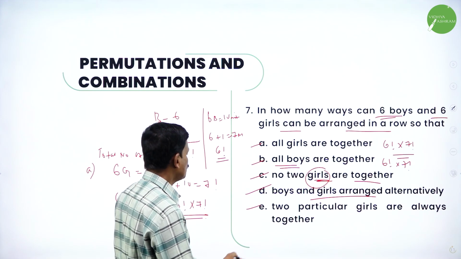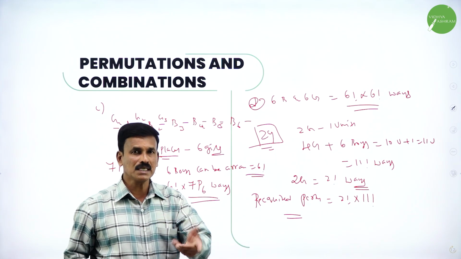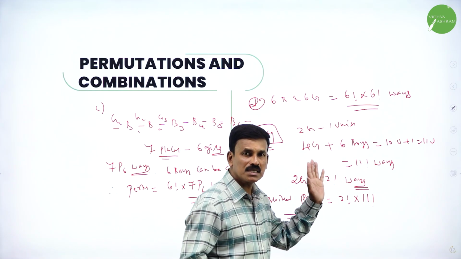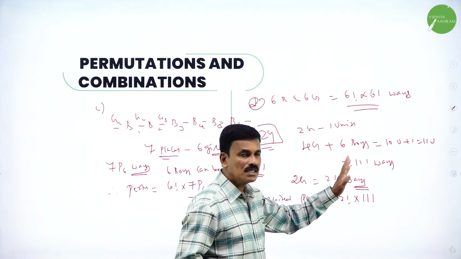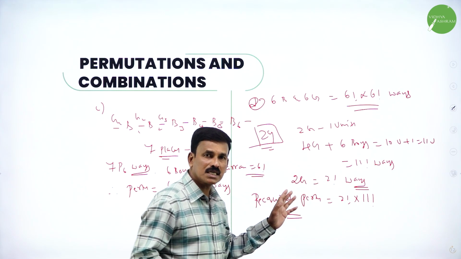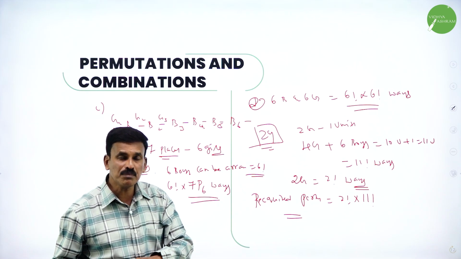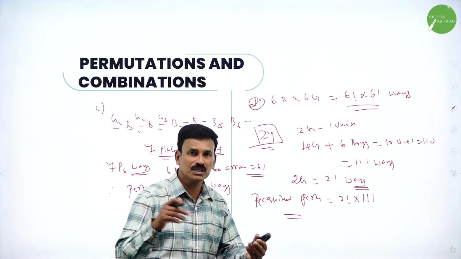Whereas the fifth one, 2 particular girls are always together. Consider the 2 particular girls as one unit. Then 4 girls plus 6 boys plus 1 unit, totally 11 units, can be arranged in 11 factorial ways. And the 2 girls can also be arranged in 2 factorial ways. So the required permutation is 2 factorial into 11 factorial.